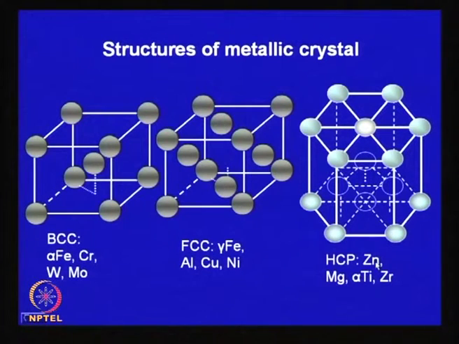This list definitely is by no means complete, and here the atoms are arranged like this in a hexagonal pattern as shown over here, and you have a set of atoms down below, and also you have an intermediate layer, and here you should carefully note that the position of this intermediate layer is just above the centroid of these 3 basal plane atoms. Similarly, the next one is just above these 3, and the third one is just above these 3.